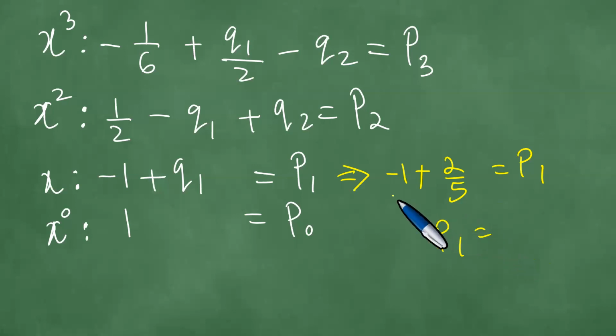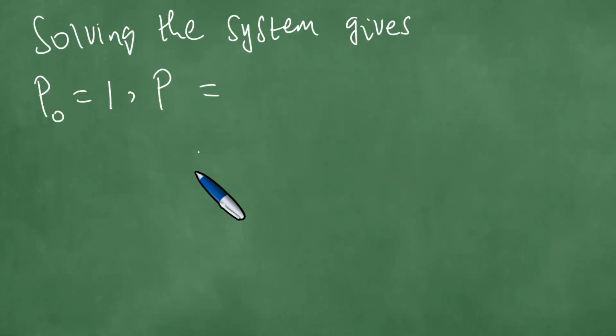Which is minus 5 plus 2, which is minus 3 out of 5. Yes. So this one here, P1 becomes minus 3 out of 5.